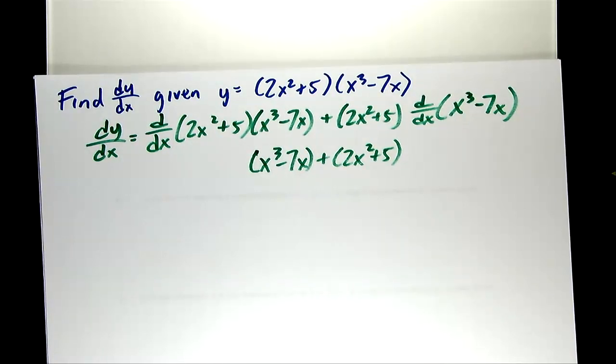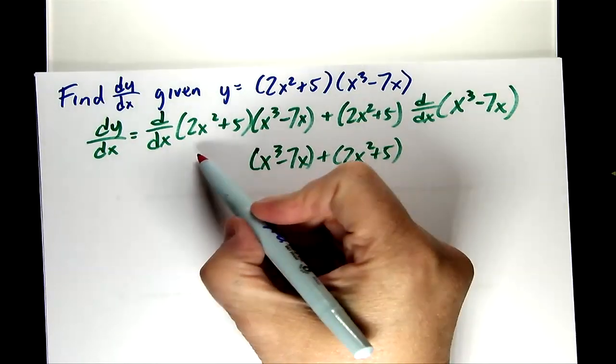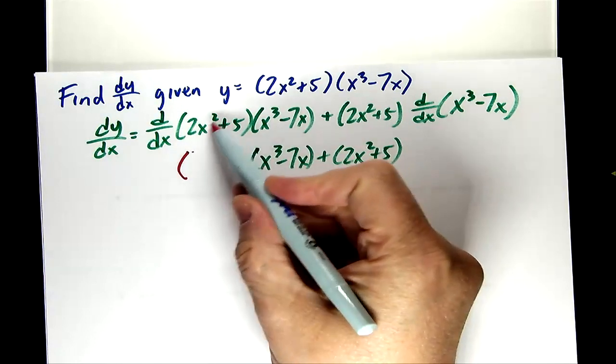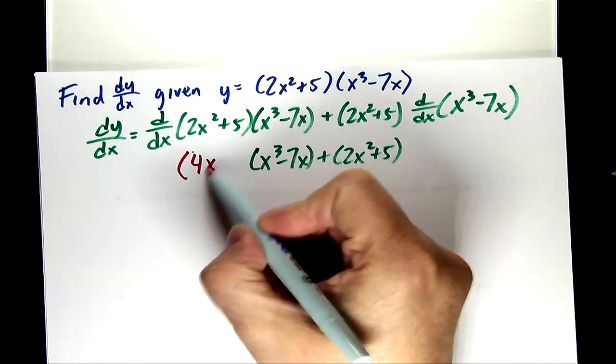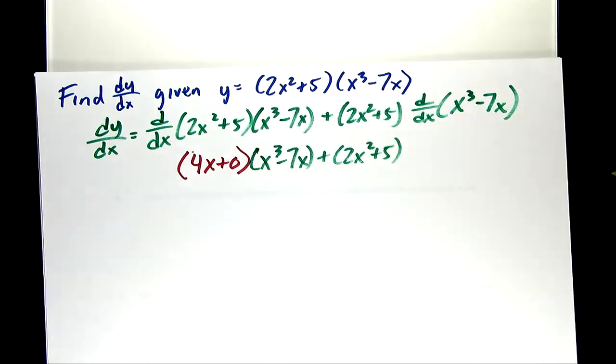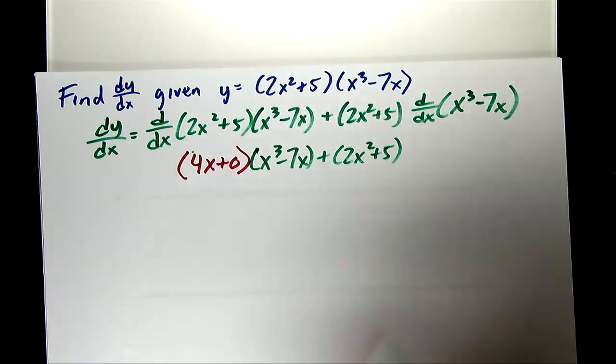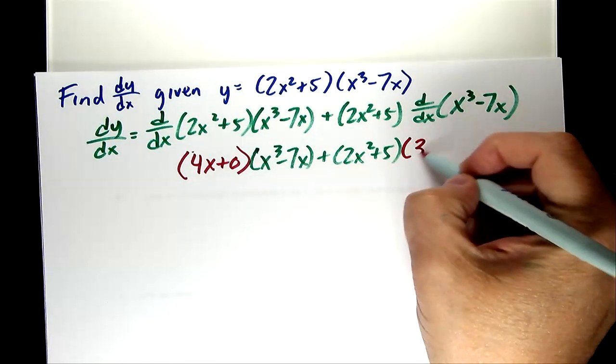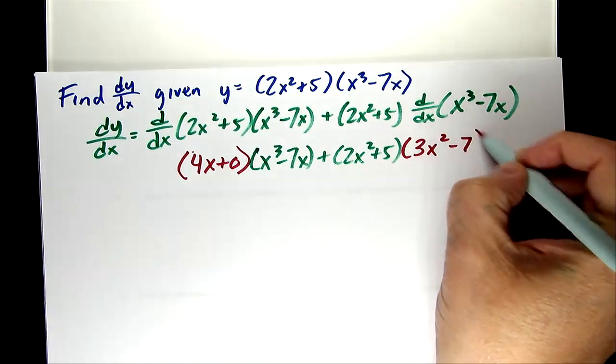But if I take the derivative of the first parentheses, 2x squared goes down to 4x to the first power plus 0. And this one goes down to 3x squared minus 7.